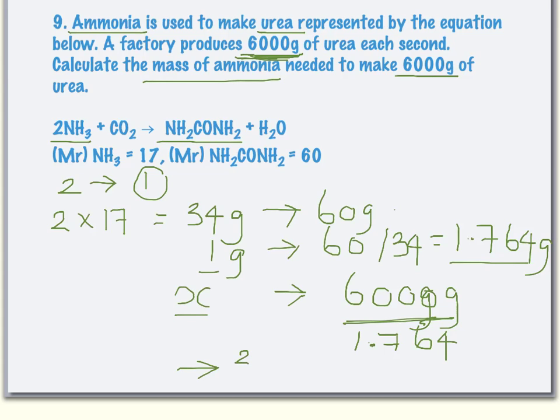We will need 3400 grams of ammonia to help us make 6,000 grams of urea. So a little bit backward, that one, but another example of something you might be required to do, because this is another GCSE past paper question.